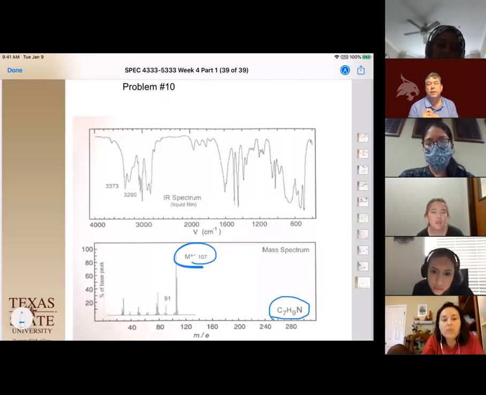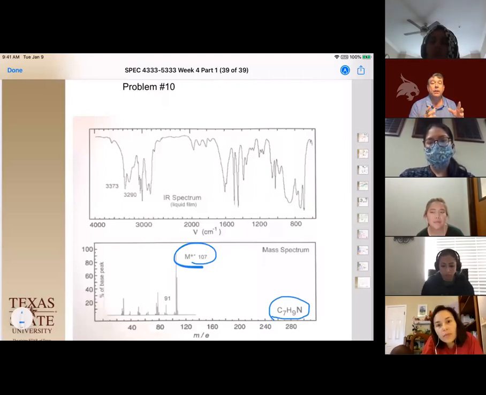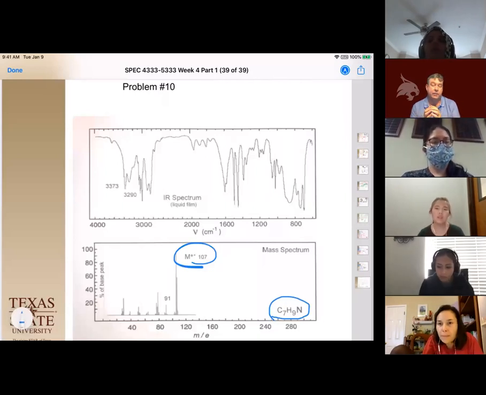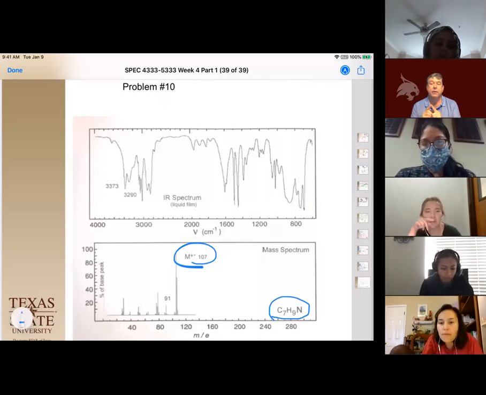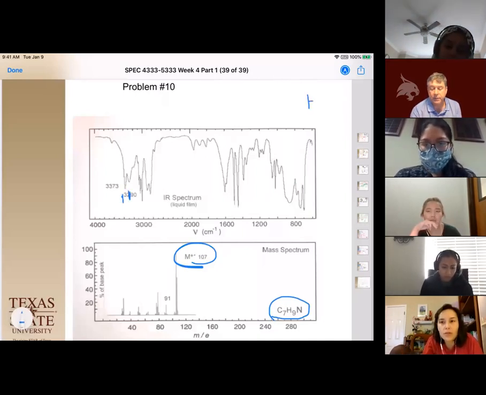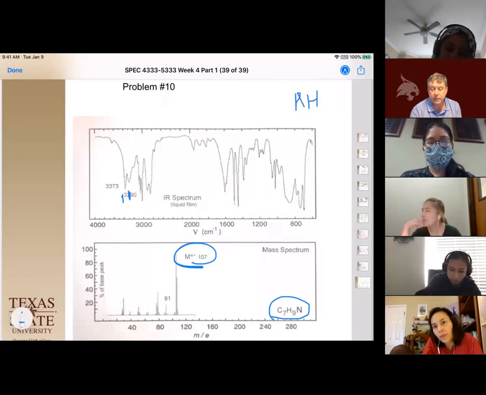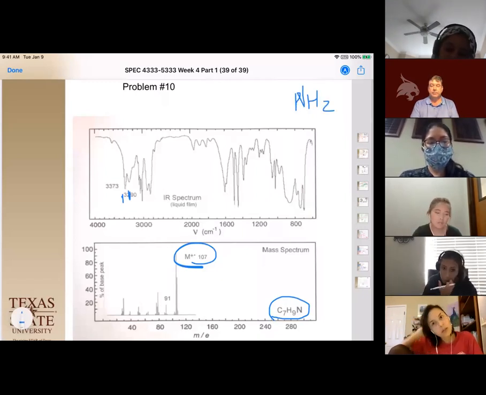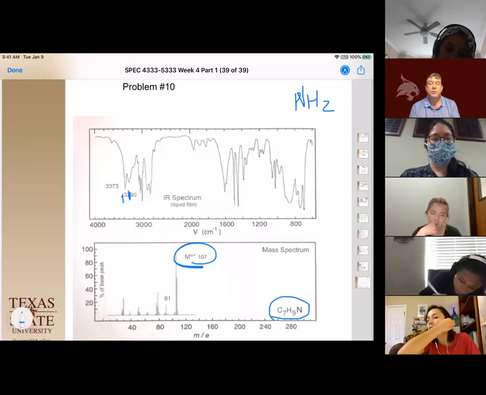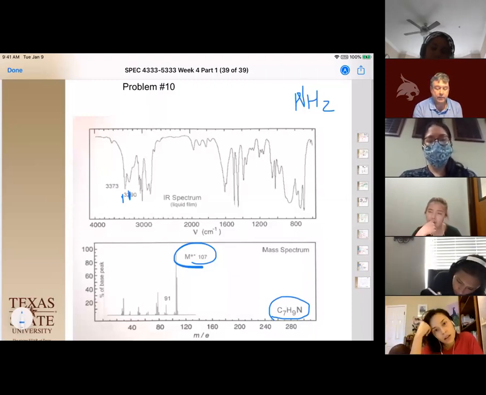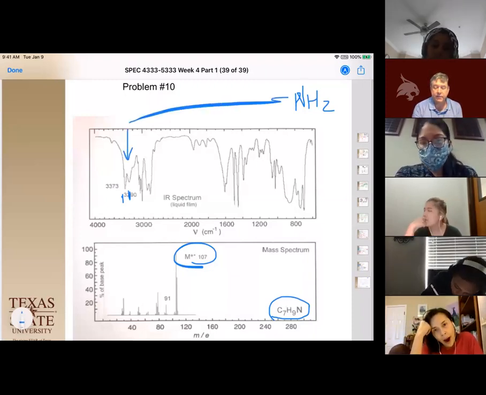Zone 1. Way up in zone 1. And remember, in zone 1, the nitrogens tell us how many hydrogens we have on there. Yes, there are two double peaks, right here. So one of our fragments is nitrogen with that. This peak right here tells us we have at least that.